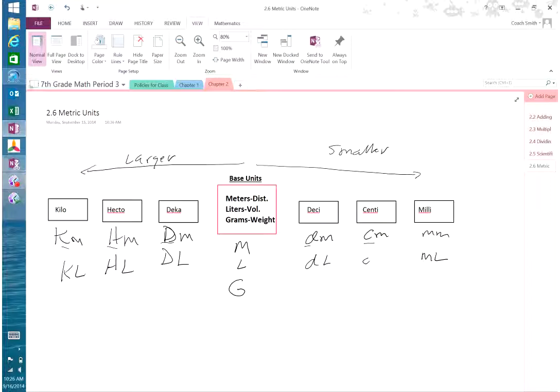But grams are used to measure weight, where we would use ounces and pounds and tons. They're going to use grams, and they do have one called metric tons that measure a large amount of weight, but we don't really talk about that.